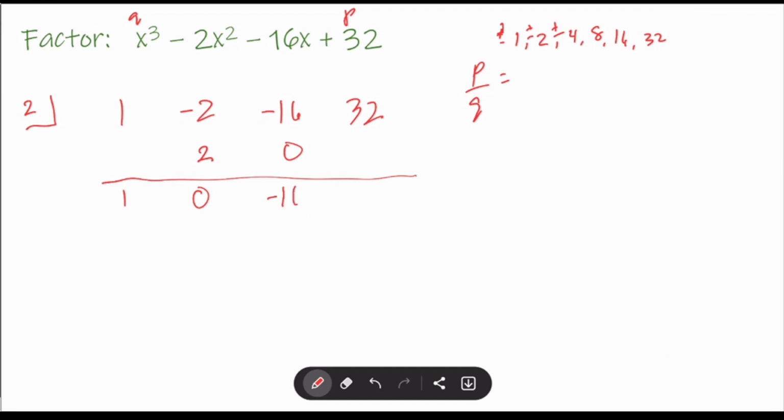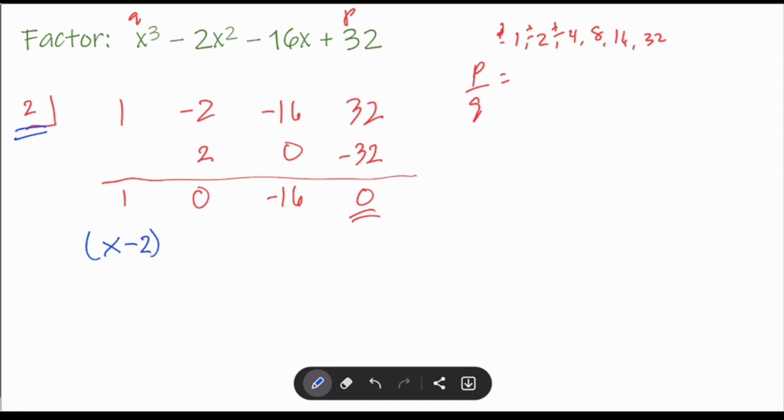Then negative 16. 2 times negative 16 is negative 32. So 32 and negative 32 is 0. So we have a remainder of 0. So that means 2 is a factor. So one of the factors of the given is x, and since it's positive 2, we put here minus 2.